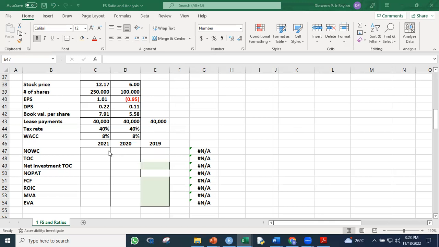Tatlong figures ang kailangan ko, 2019, 2020, and 2021. 1640, 1640, 642, 1640.